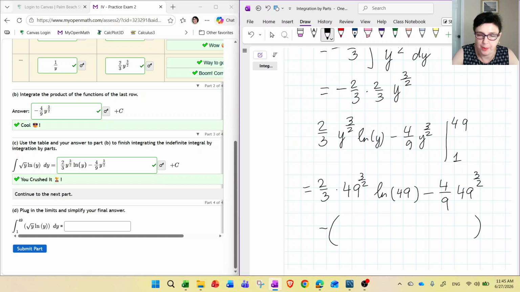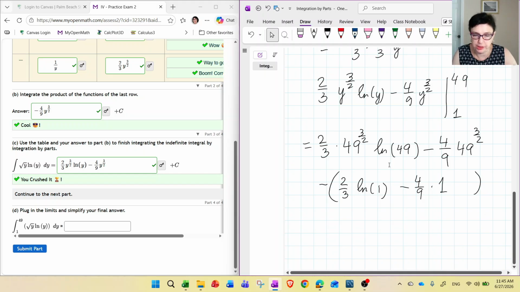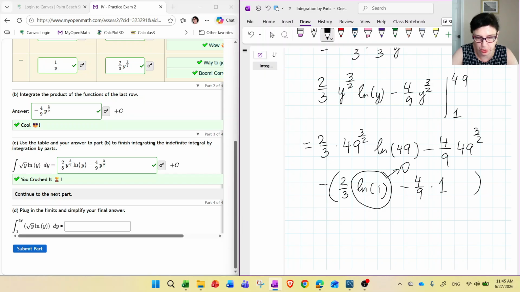Now, what happens when I substitute 1 in the natural log? Here I'm going to have 2/3, 1 to any power is 1, and then natural log of 1 minus 4/9, and 1 to the 3/2 is 1. One thing that every calculus teacher will be very mad at is if you leave the natural log of 1 in your answer. You are supposed to know that this is actually 0.